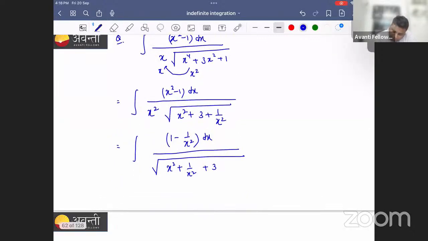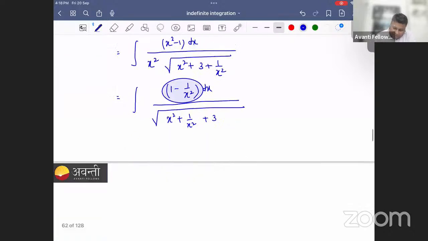Now think for a moment that whatever is there in the numerator we have created, this is the derivative of which quantity? This is the derivative of x plus 1 by x, isn't it? So let us try to create the same thing in the denominator. So it is (1 minus 1 by x square) dx upon, inside the root, (x plus 1 by x) whole square plus 1.